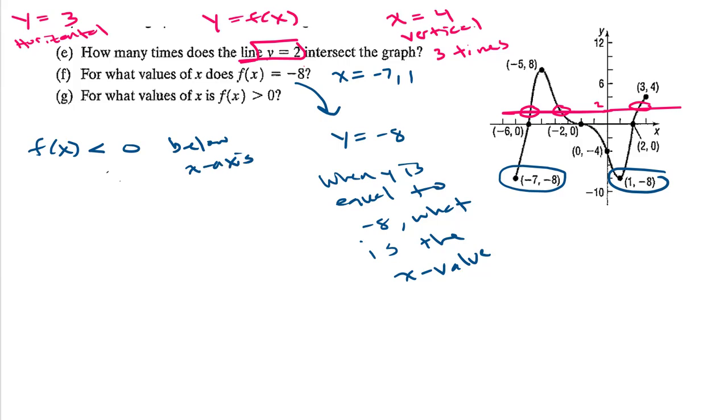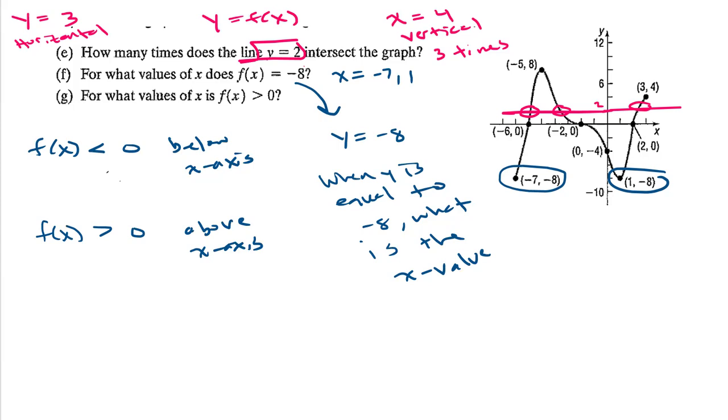So if it's less than 0, that means they're swimming in the pool, under the pool, or I said in the pool, below the floor. All right. If f of x is greater than or equal to or greater than 0, that means we are above the x-axis, or they're above the pool. So again, this is below the pool and then above the pool.